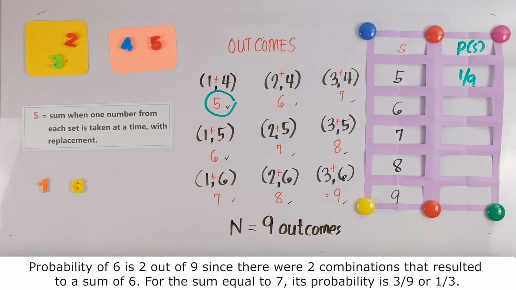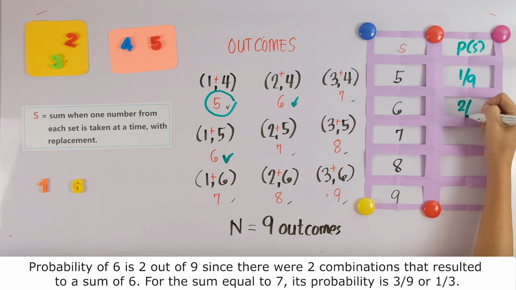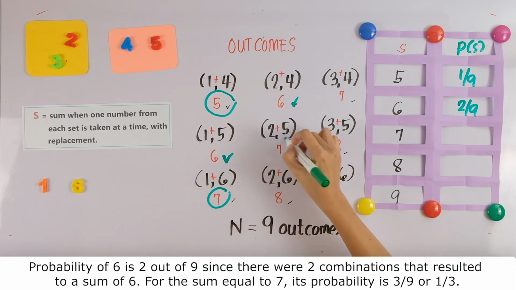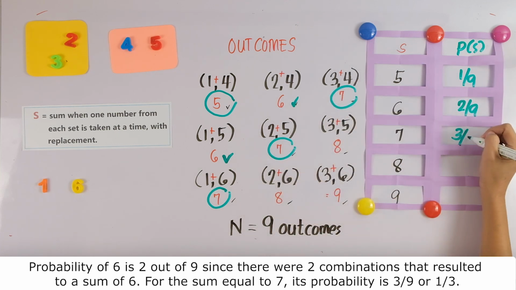The probability of getting a sum which is equal to 6 is 2 out of the total 9 outcomes. The probability of getting a sum which is equal to 7 is 3 out of 9, or simply a third.